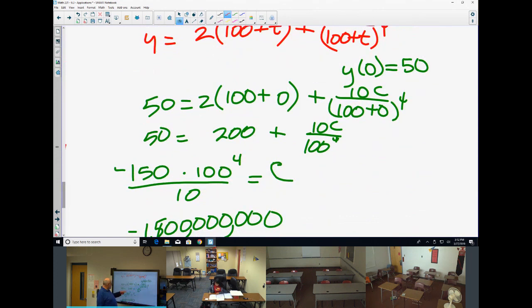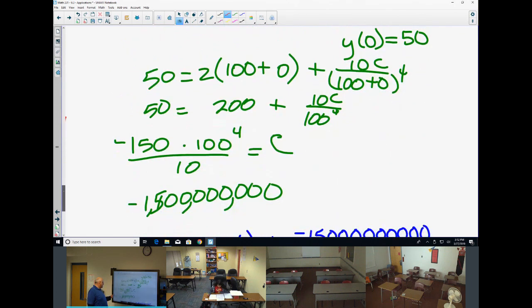So then I have 100 to the fourth over 10. Now we just put that in the calculator, and we get c equals negative 1,500,000,000.